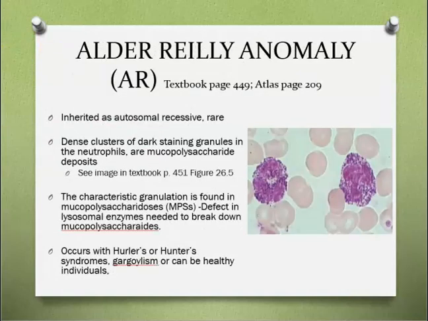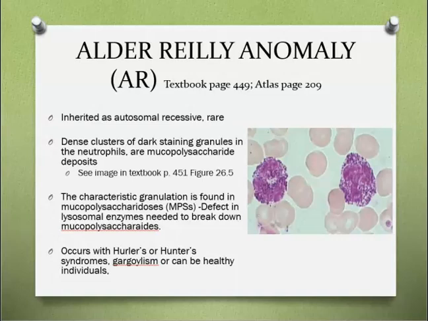The next inherited white blood cell disease that we need to talk about is the Alder-Reilly anomaly. It is an inherited autosomal recessive disease. It is rare. It's dense clusters of dark staining granules in neutrophils. These are usually made up of mucopolysaccharide deposits.